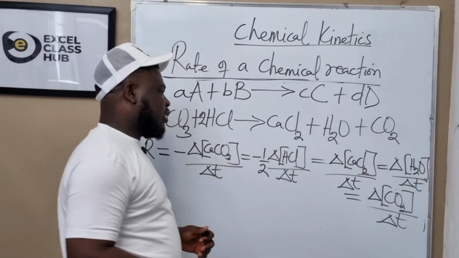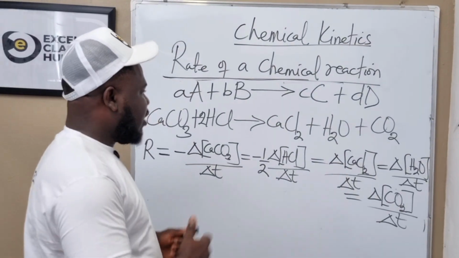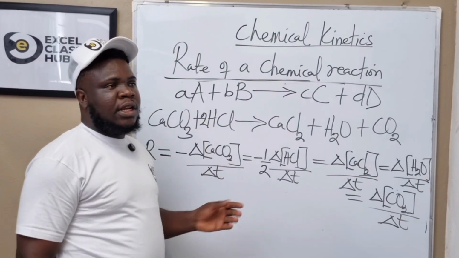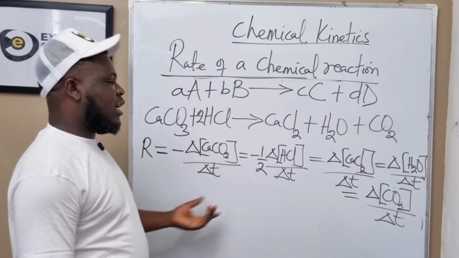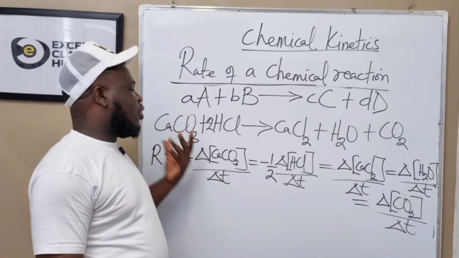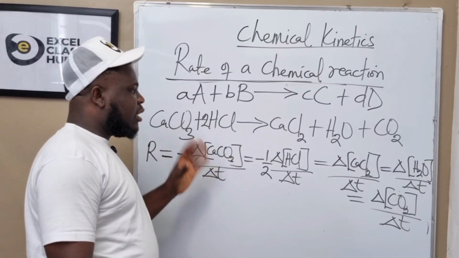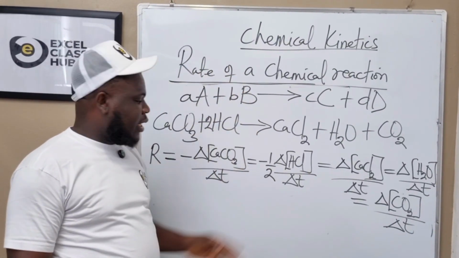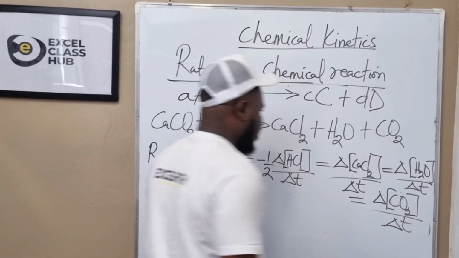So this is how to write the rate expression for chemical reactions. But the important thing to note here is that reactant will always carry a negative sign, while product will not carry a negative sign. All right, let's go ahead.